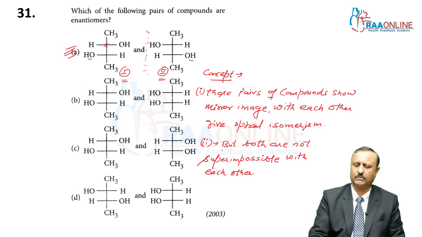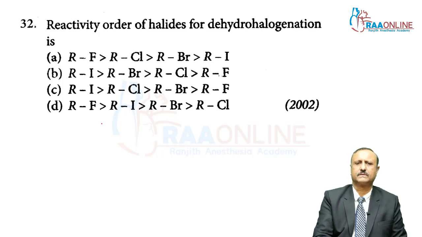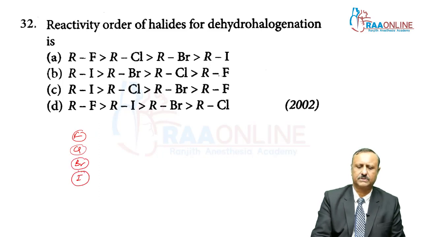Now my dear students, we go to question number 32, reactivity order of halides for dehydrohalogenation. Here we see the halogens fluorine, chlorine, bromine and iodine.